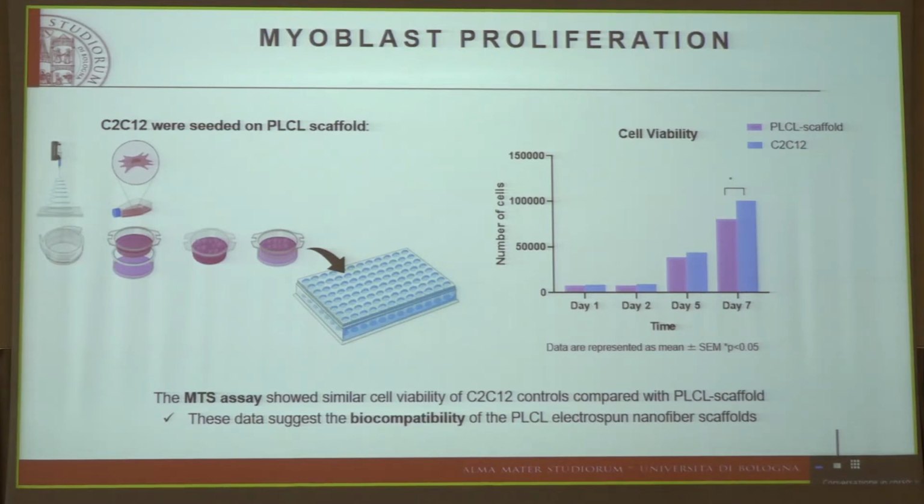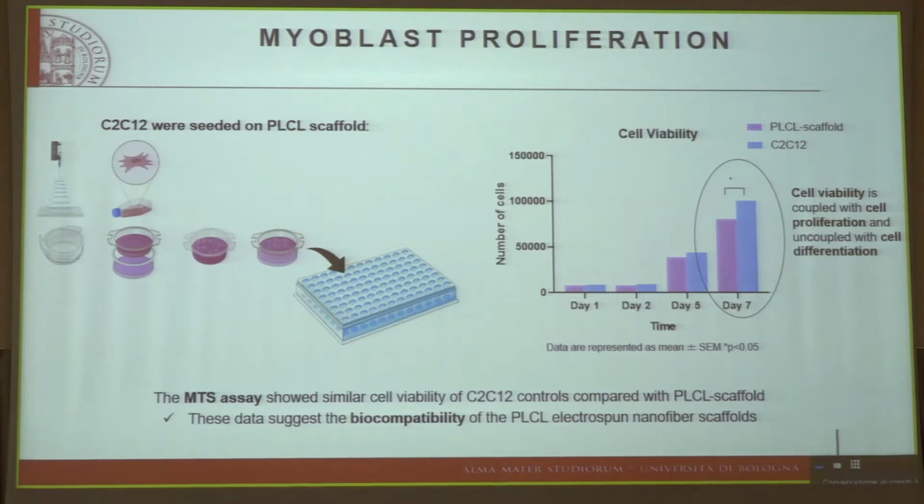We didn't observe a difference in C2C12 cell viability on the scaffold and on the conventional tissue culture plastic until 5 days, whereas at day 7 we have a difference, but it is not related to the biocompatibility of our scaffold.